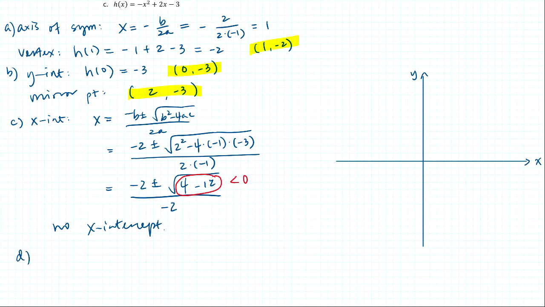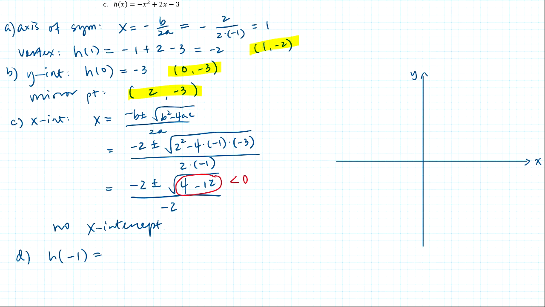So for that random point, I'm going to choose h of 3, because I can't choose 1 or 2 anymore. They're going to give me redundant information as what I've already found. Actually, in fact, I'm going to choose h of -1, because that's the next easiest number we can work with.